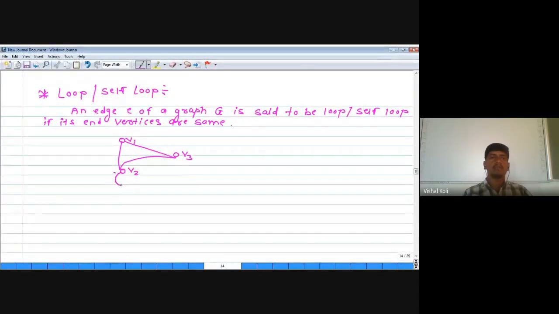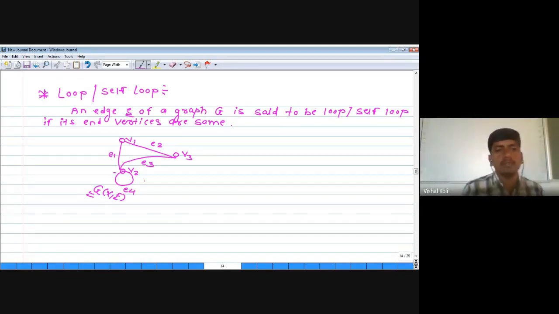And here, this will be edge E1, edge E2, edge E3 and edge E4. Now we have to see among these four edges E1, E2, E3 and E4 of the graph G, this will be the graph G whose vertex set is V and edge set is E. So in this graph G, we have to see which edge is a loop of the graph G.